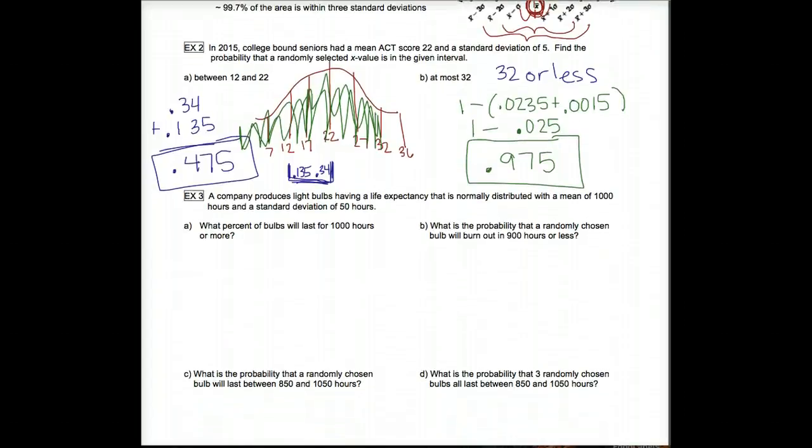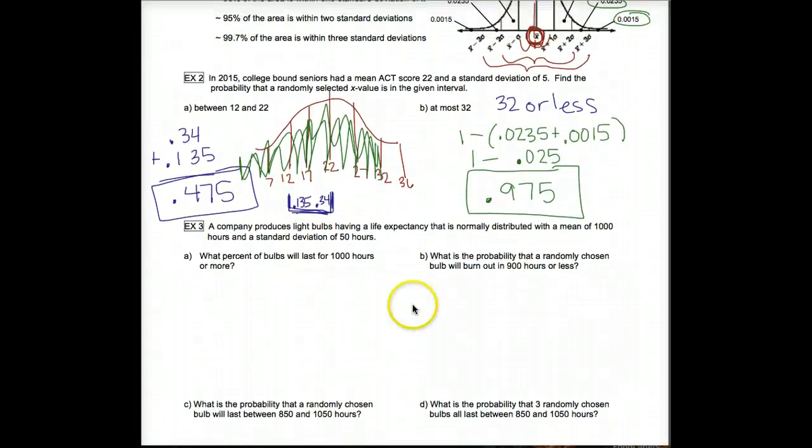All right, example 3. Light bulb life expectancy, also normally distributed with a mean of 1,000 hours and a standard deviation of 50 hours. So again, my recommendation is to always draw and label the curve first. So mean of 1,000, I label that.